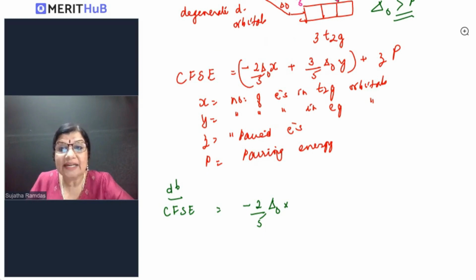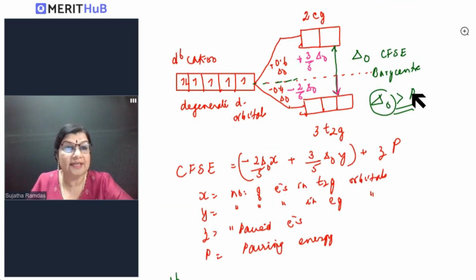The difference in energy is greater than the pairing energy, so transition from the lower energy d orbitals to higher energy d orbitals becomes very difficult. A large amount of energy would have to be absorbed, so rather, pairing occurs.